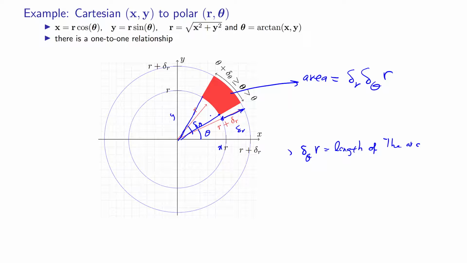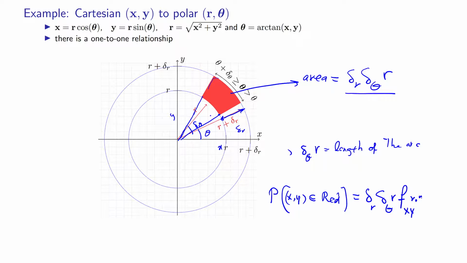So the probability that the pair of x and y falls in the red area is, by the definition of the PDF, if this red area is teeny tiny, going to be the area, which is this number, delta r delta theta r, times f of x y of x and y.